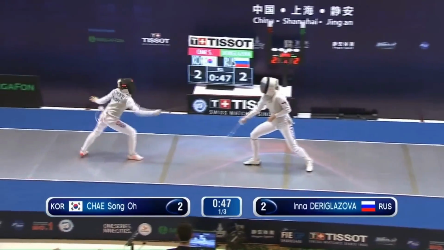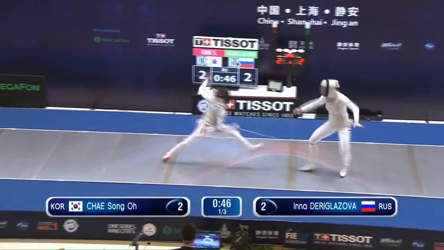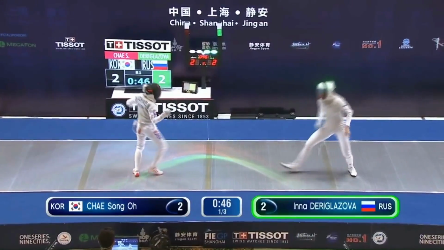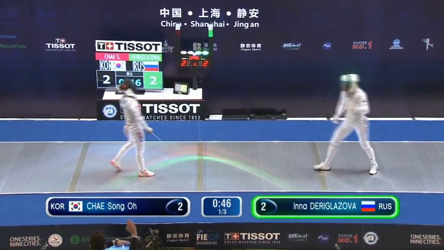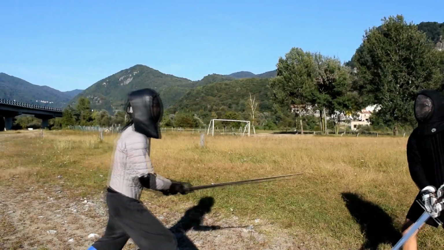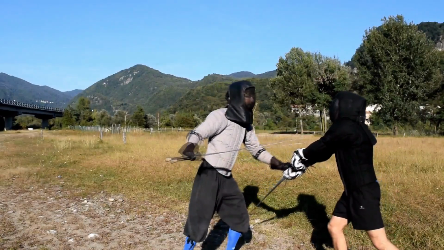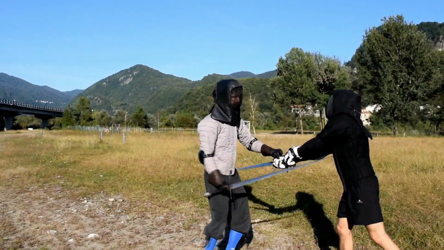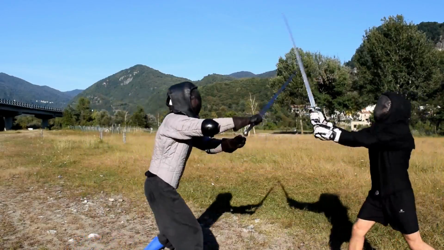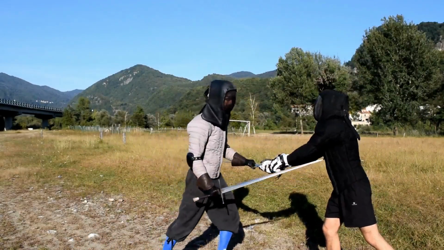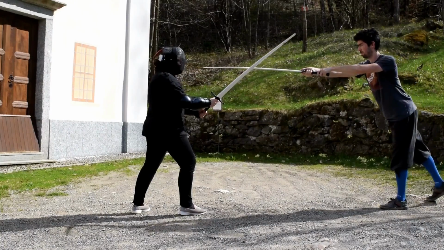If you think about these rules as training rules, this becomes interesting. You can use this kind of rules to teach yourself or a student a better understanding of the change of initiative. So it would be easier to not hit the other person in the meantime that he is hitting you in some situations.